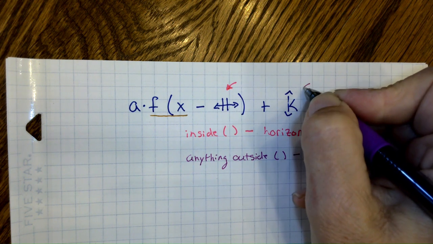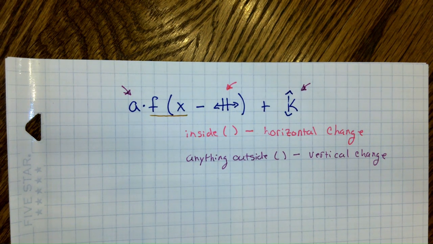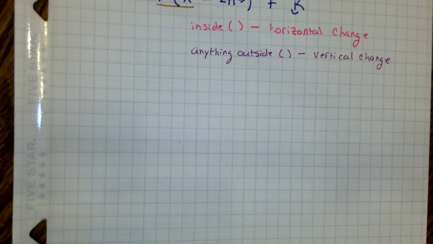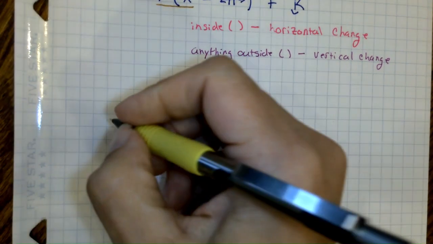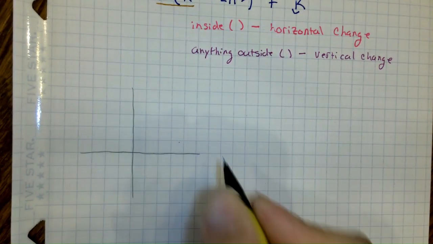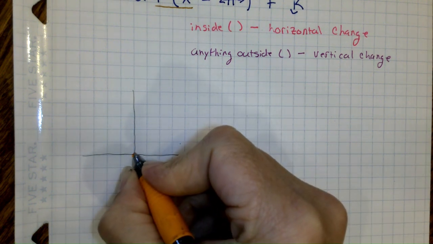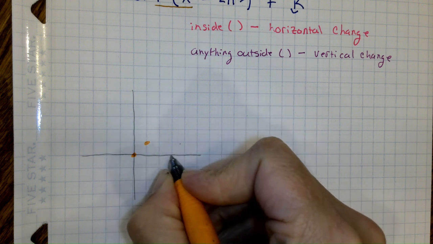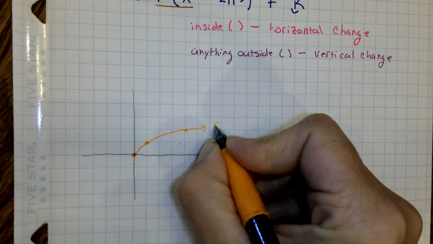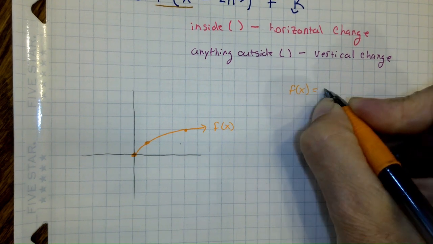We just explored what happened with a plus at the end, but we have not explored what happens with a number out front. Okay, so let's just look at that. I'm going to put f of x in orange this time, that way it's a little more subdued. 0, 0, 1, 1, 4, 2. That's our f of x. Again, f of x is that square root function.